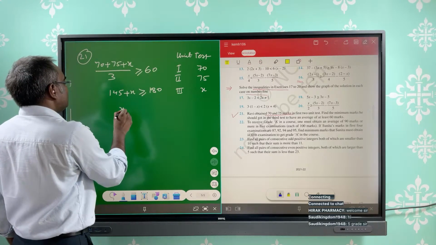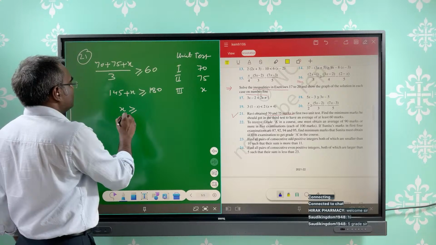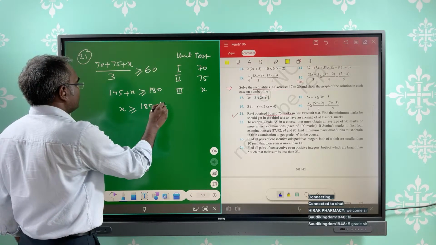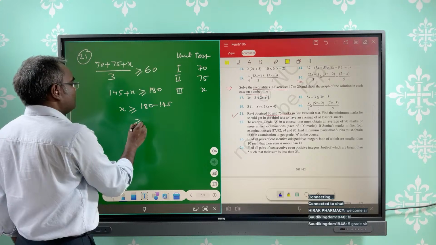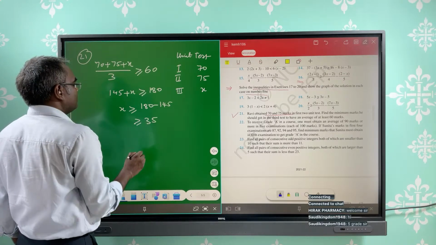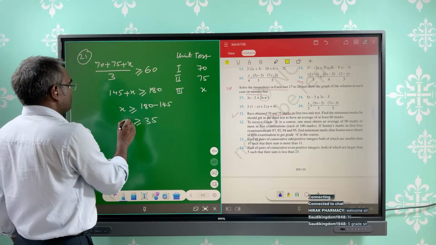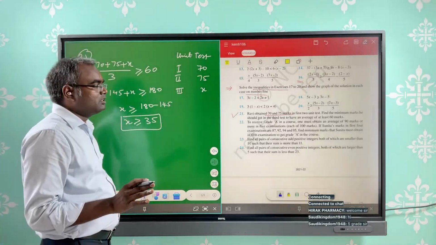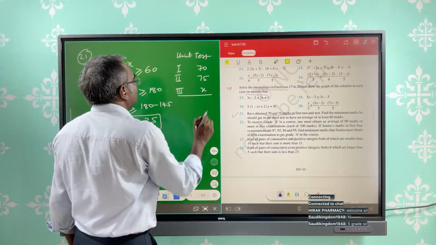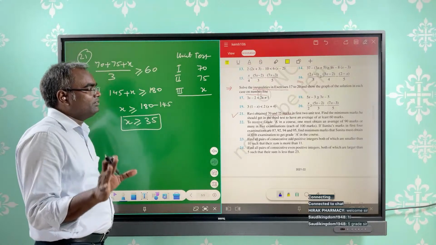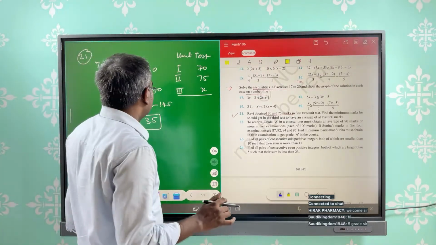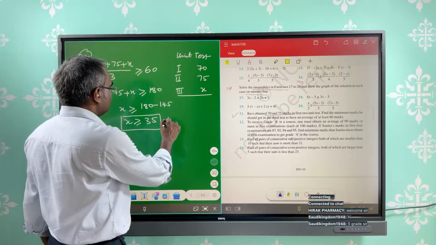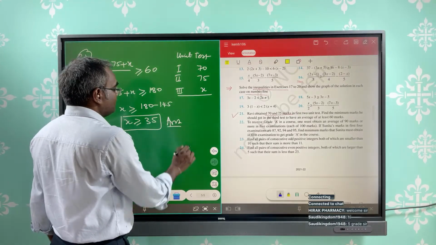So x is greater than or equal to 180 minus 145, that is 35, right? So his marks should be at least 35 in the third unit test, so that he could have an average of 60 marks. Friends, this is the answer, and very easy.